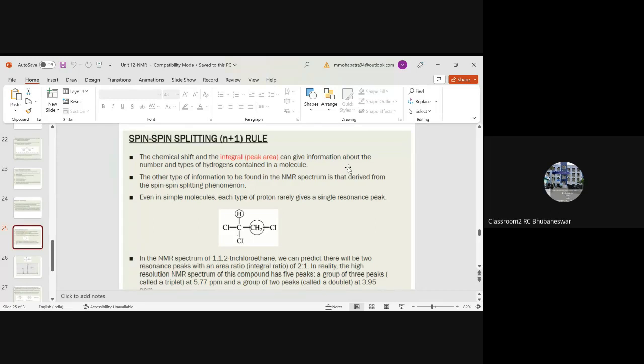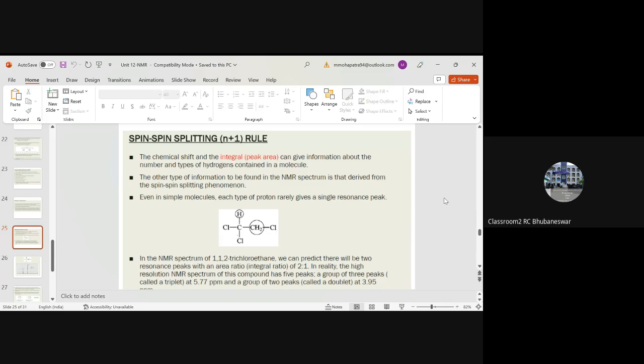Okay, and the other type of information you can find in an NMR spectrum is that derived from the spin splitting phenomenon. This spin splitting phenomenon will give you another part of information, as compared to the normal type of protons present in a molecule.